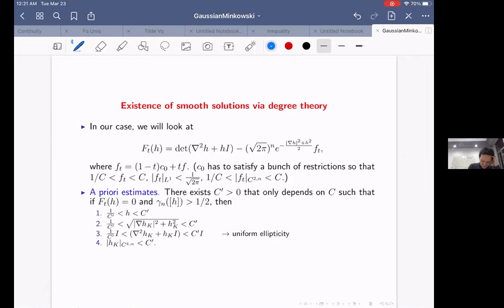All right, and our main lemma is to do the a priori estimates. That means there exists a constant C prime, only depending on the constant C, such that if h is a solution of F_t and the Gaussian measure of h is larger than 1/2, then we will have the C^{4,alpha} estimates. And this will imply that F_t is uniformly elliptic, right?